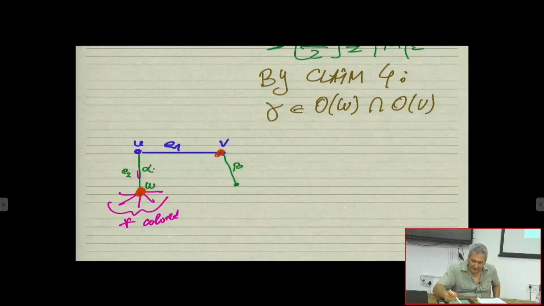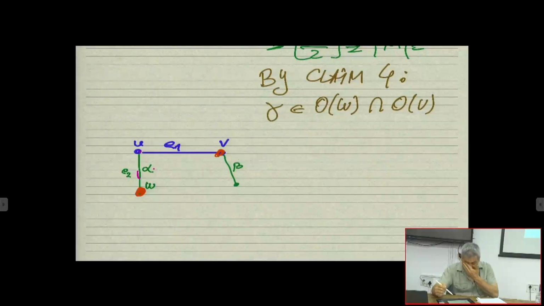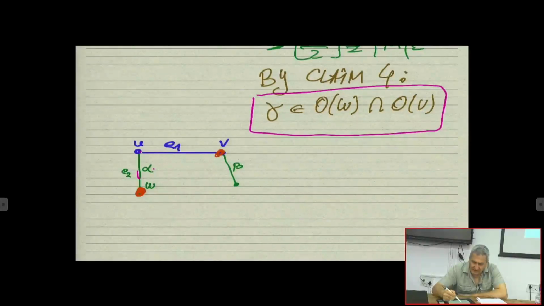So we have a way to correct the figure. So gamma belongs here, yes? It is missing at V and it is missing at W.